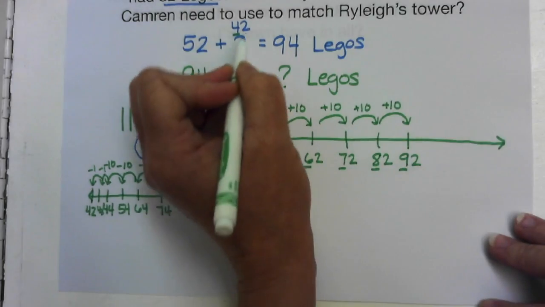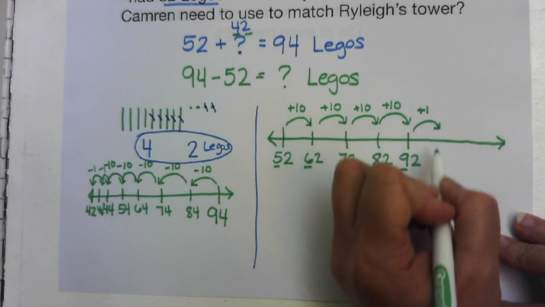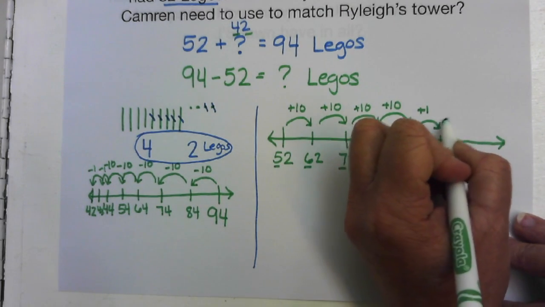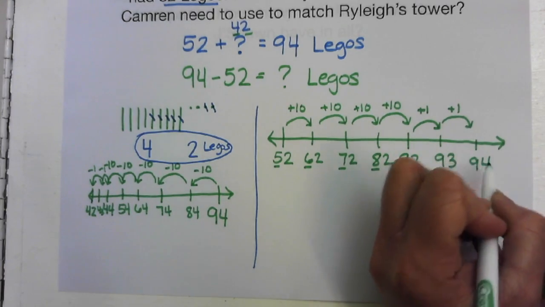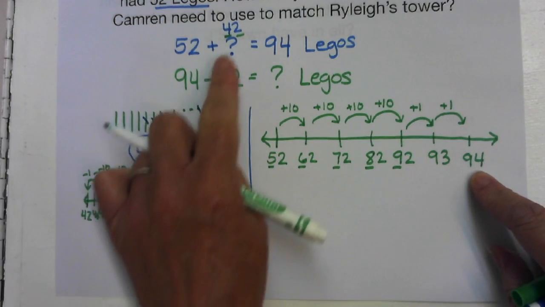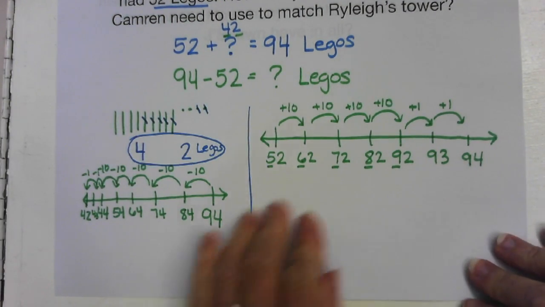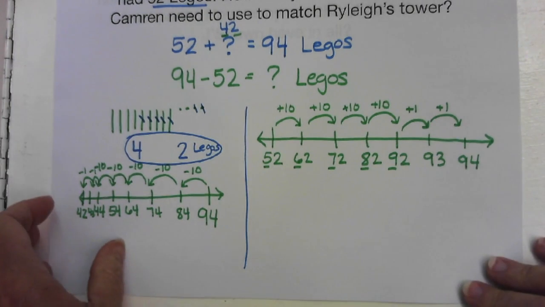And then we're going to add 2 ones: plus 1, it's 93. Plus 1 more is 94. So we got to 94, which is what we have in our original equation, which tells me that 42 is the correct answer. I'll do another video to just do this number line process in a slower, more explained way.